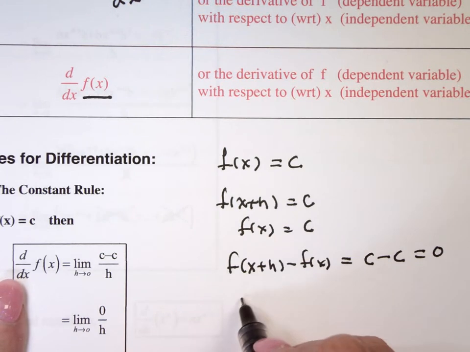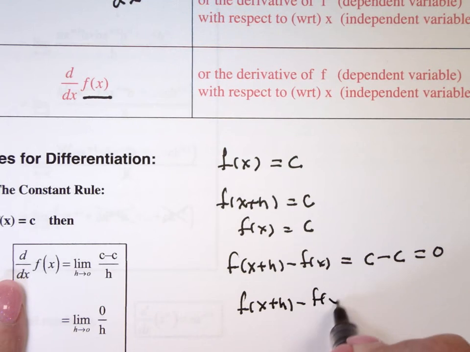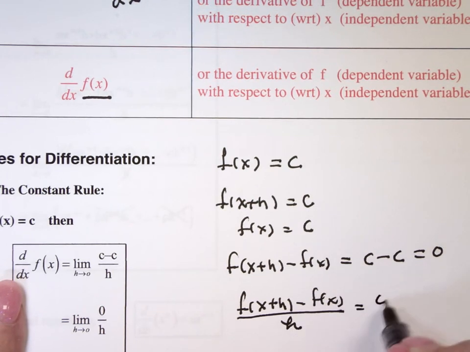And the difference quotient itself, f of x plus h minus f of x all over h, well, that's just 0 over h, which is 0. So this is c minus c, which is 0, divided by h, which is just 0.